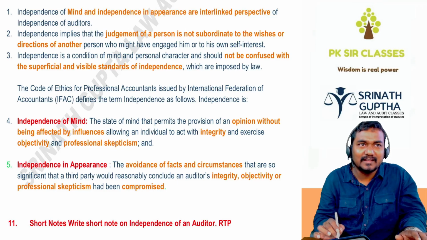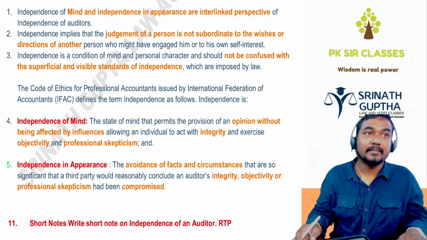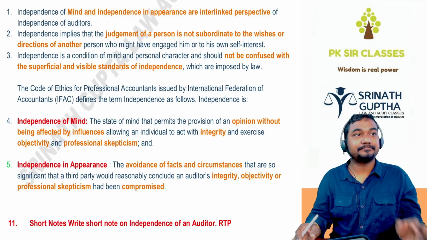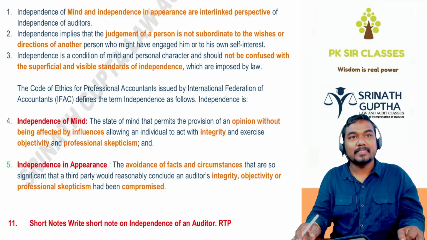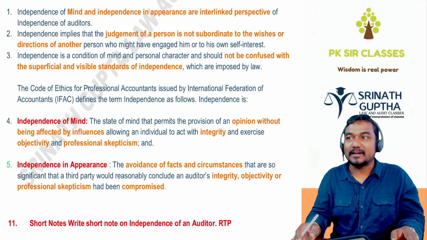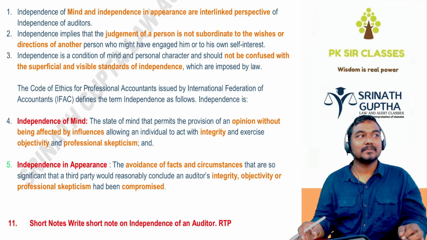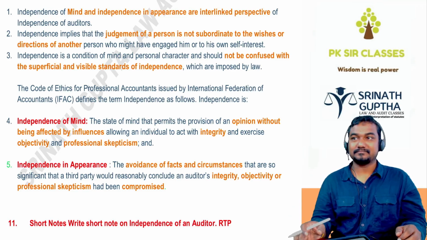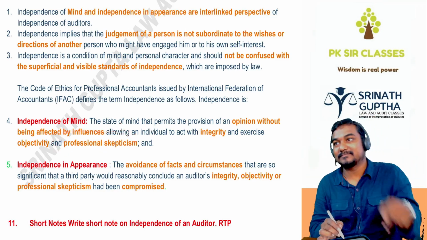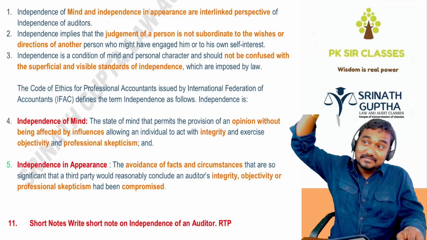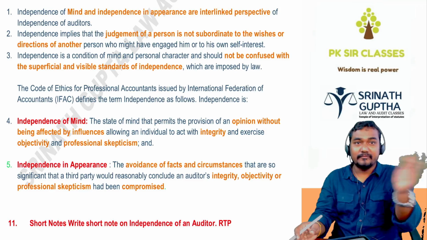Professional skepticism means questioning mind, being alert for the possible misstatements which may occur due to fraud or error. Actually, this word is there in the first chapter, shifted to the 11th chapter in the new syllabus. Write it behind.